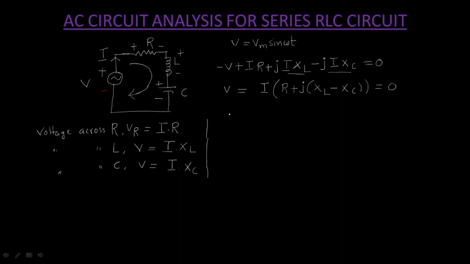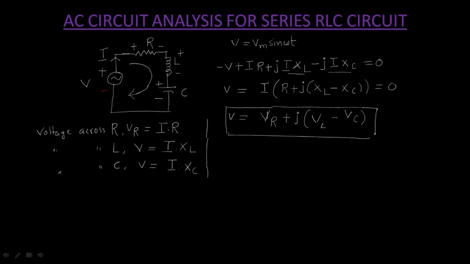So simply V equals VR plus j VL, minus j VC, equal to 0. That means V, the given supply voltage, is the combination of VR plus j into VL minus VC.